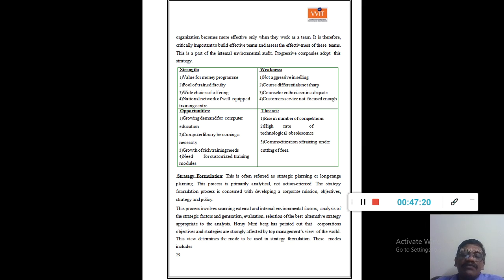Strategy formulation is often referred to as strategic planning or long range planning. It's a long range planning. Generally, in your organization, if you plan for the next 5 years, 10 years or 20 years, then it is strategic planning or long range planning.